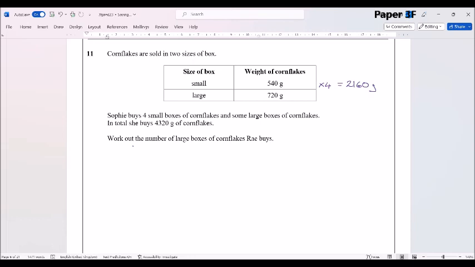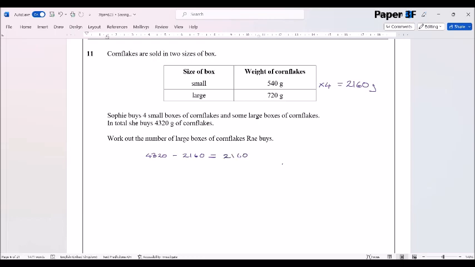So let's work out how many she buys in large. We've got 4,320 minus 2,160, which gives me 2,160. It's quite nice.